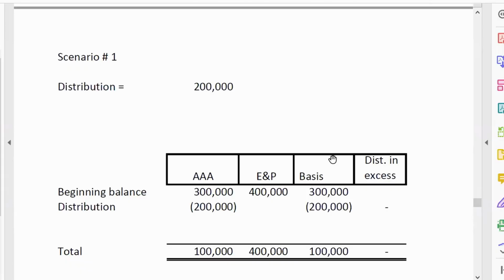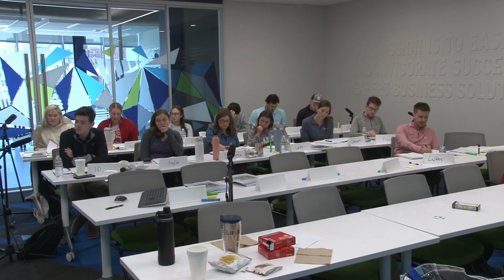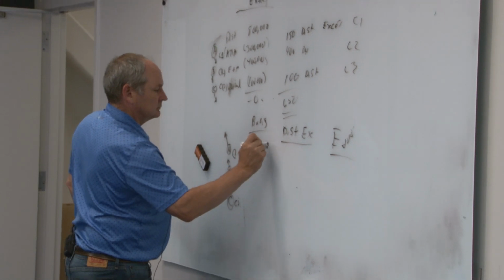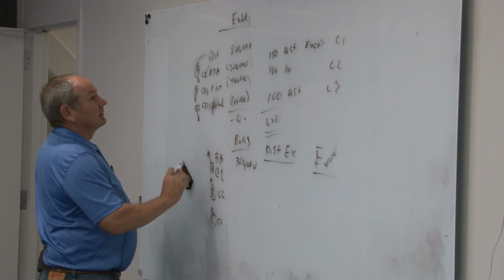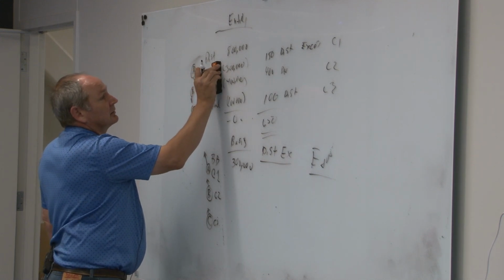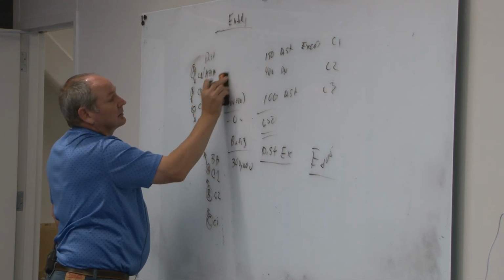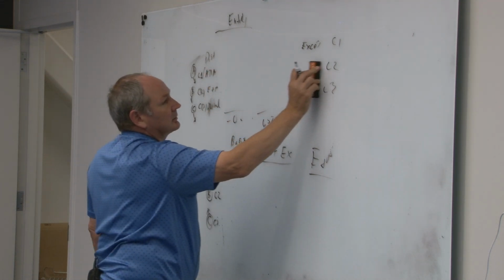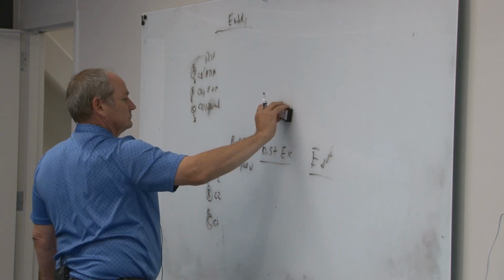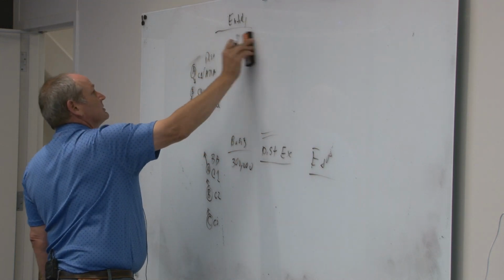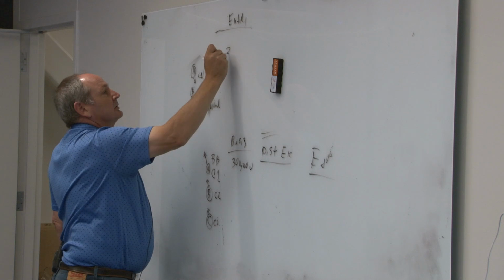So let's just keep the same procedure for the hell of it. How much is my basis for this one? 300. Beginning basis. Okay, my distribution is how much? 200.